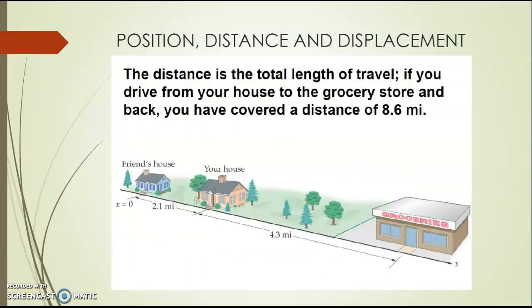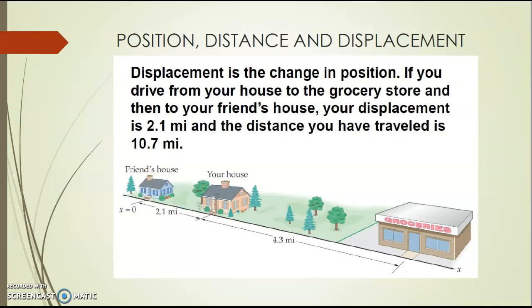The distance is the total length of travel. I already discussed this on the vectors, angles and vectors. While displacement is the change in position. Okay, I also discussed this on the angles and vectors.